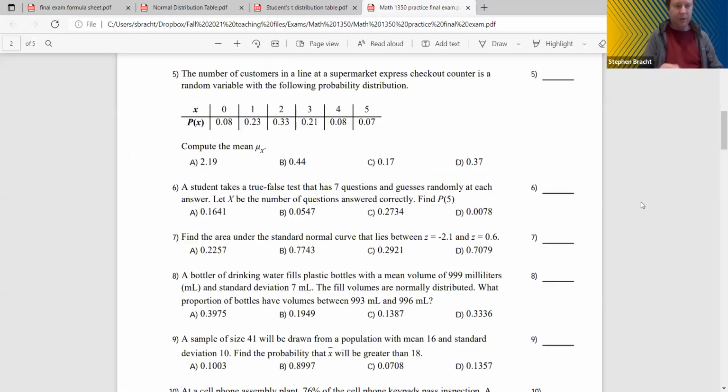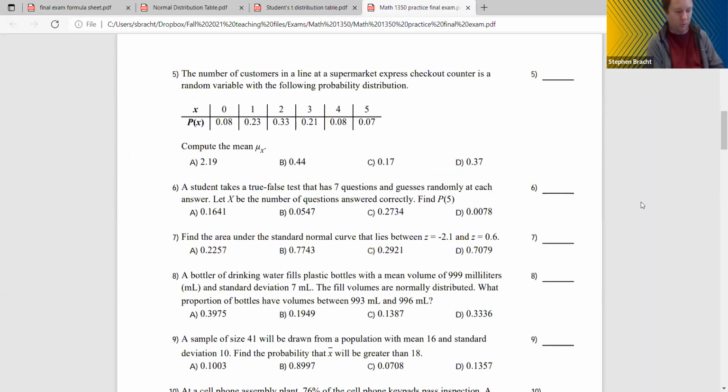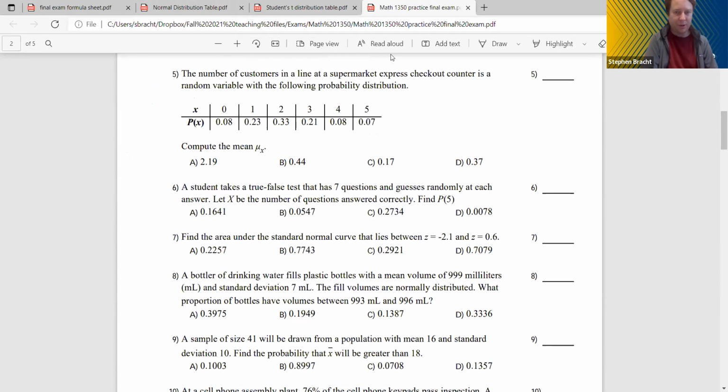All right, now we start getting into some problems related to the normal distribution. So for 7, find the area under the standard normal curve that lies between z equals negative 2.1 and z equals 0.6. Okay, so I'm going to start by just sketching that curve.